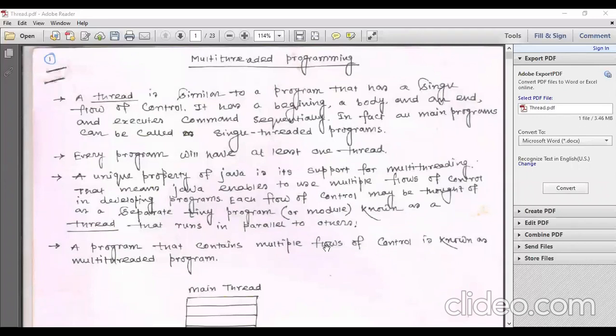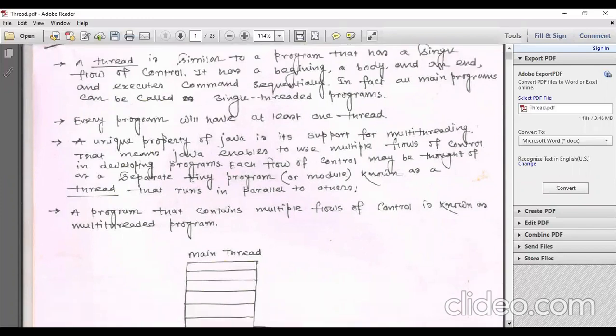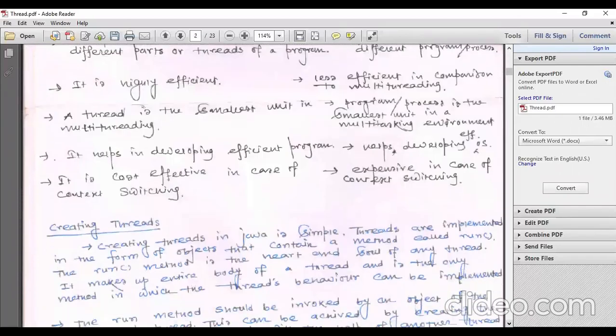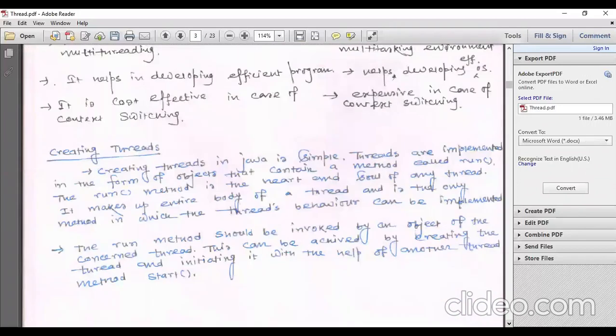Today I will discuss a few more topics on this multi-threaded program. So let me start with the life cycle of a thread.